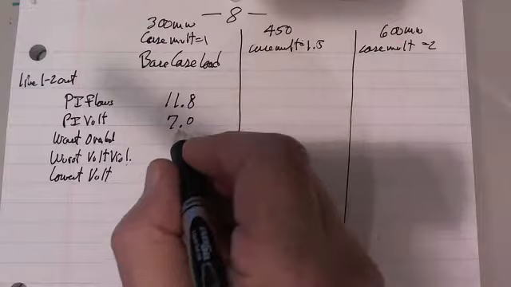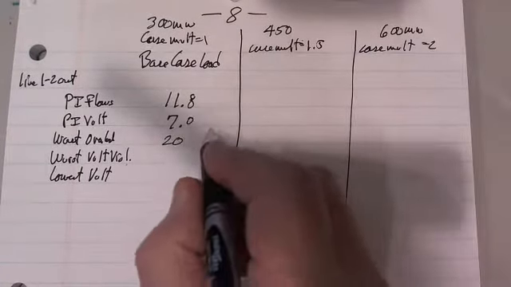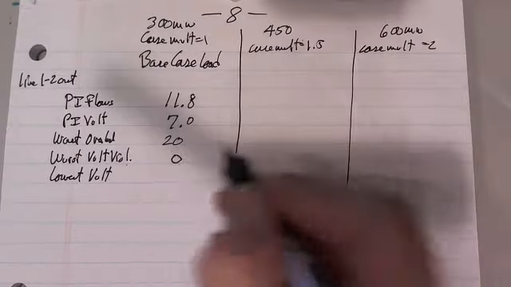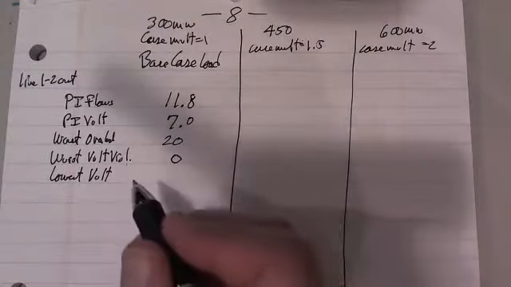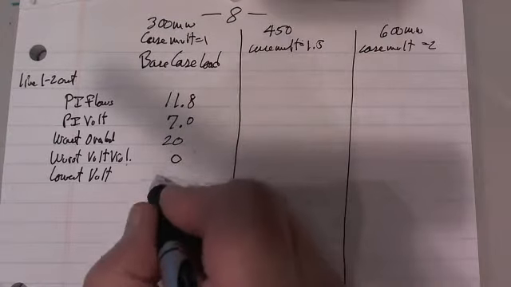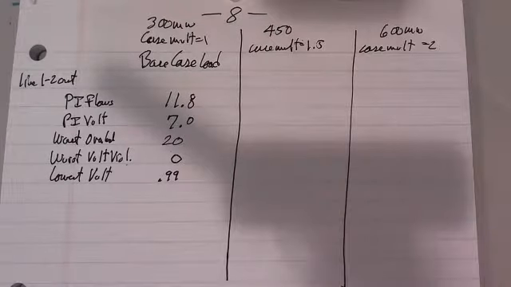The worst flow overload is 20, and that's in megawatts. There's no voltages that go over. And the worst voltage, now we're talking about per unit, so I'll just put 0.99. Now per unit, think of it as a percentage. It says that if the nominal voltage is 1.0, then this is 0.99 per unit.